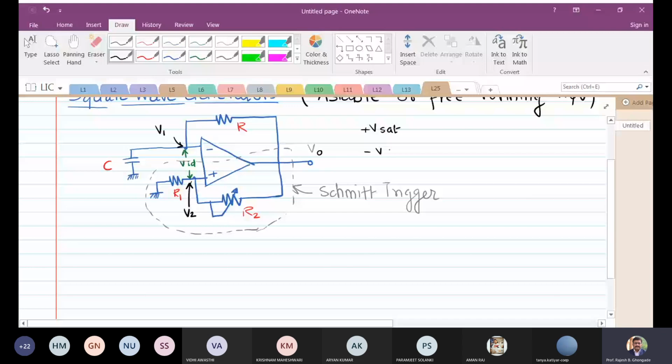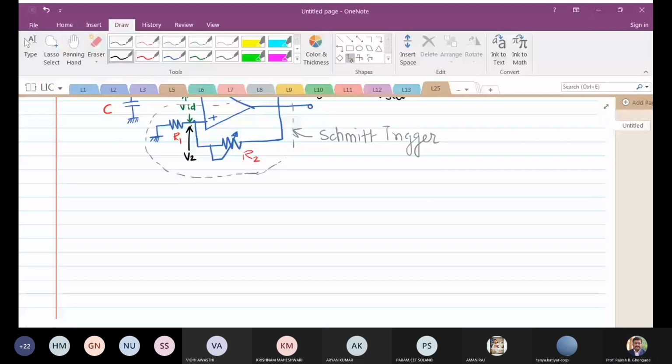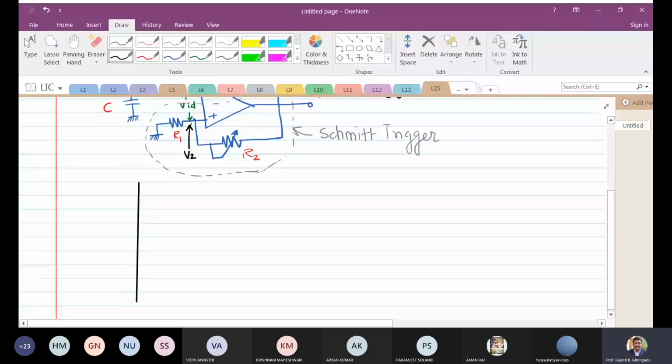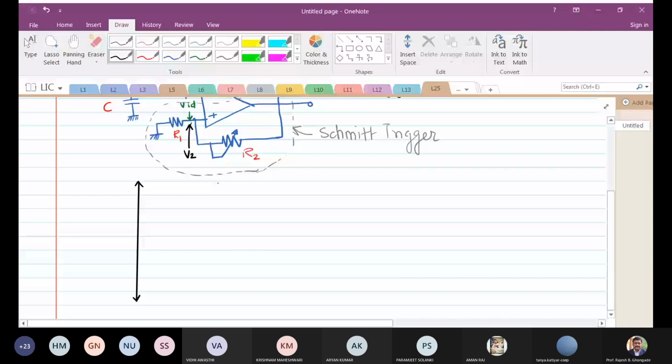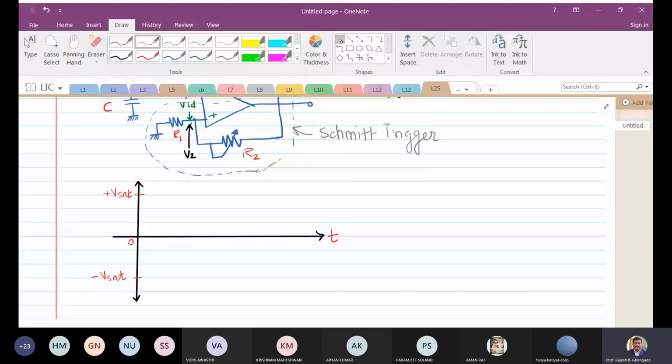If I draw the waveforms for this circuit, and I call this plus Vsat, this minus Vsat, this is your 0, this is the time axis, it is expected that the output will be something like this.